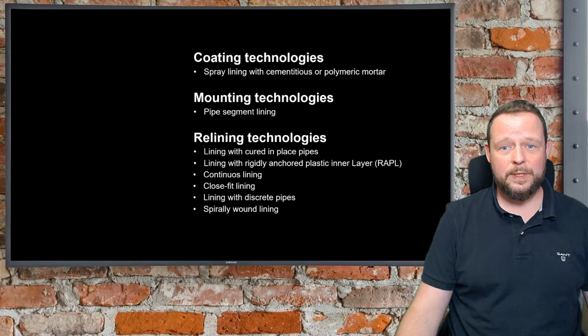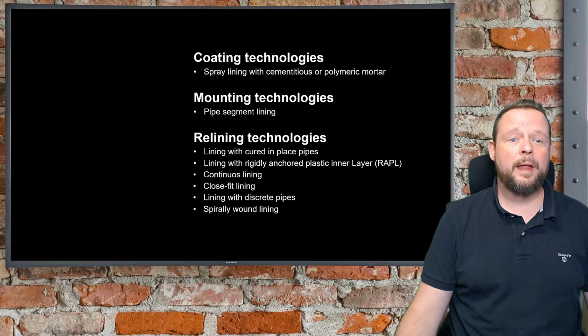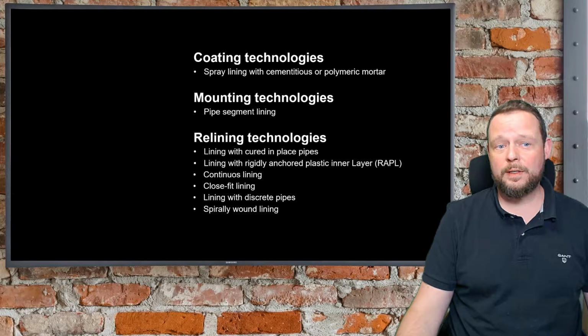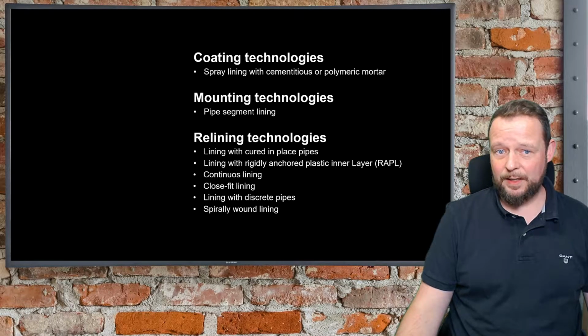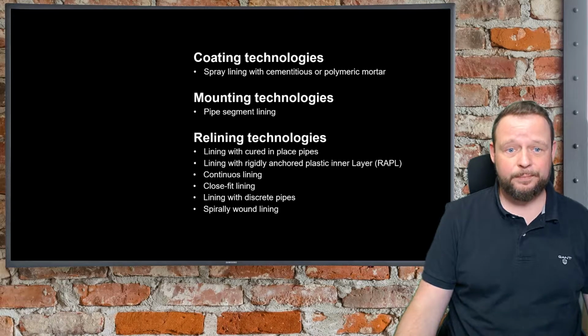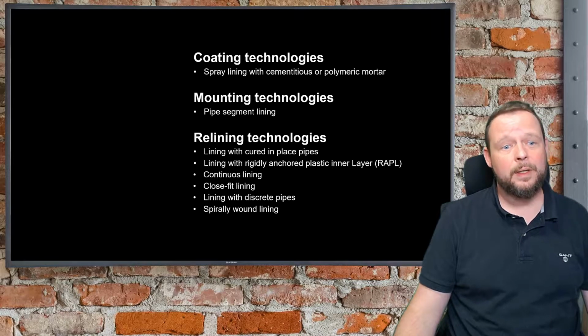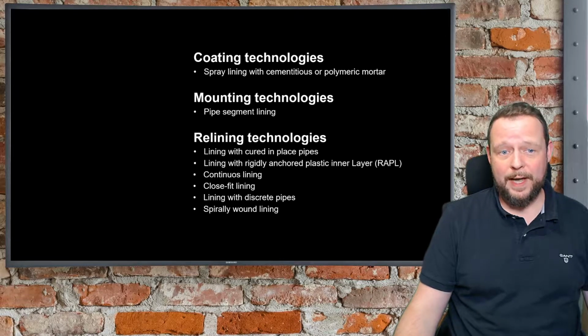Here are some samples, like the coating technologies with spray lining with cementitious or polymeric mortar. We have the mounting technologies such as pipe segment lining, and the relining technologies such as lining with cured in place pipes, CIPP, or the lining with rigidly anchored plastic inner layer, RAPL. We'll get back to it later on. And also our spirally wound lining, the SWO.